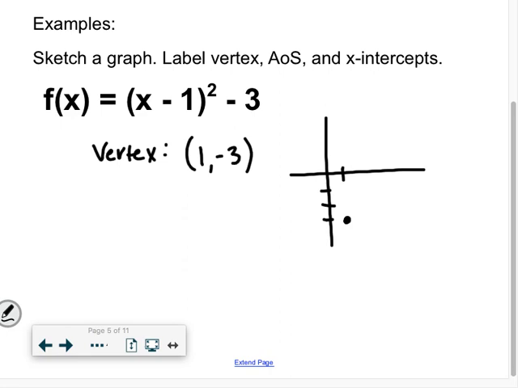Might look at my a value, or like if I have a vertical stretch or shrink or a reflection out in front. Nothing's there, so it's going to follow the same pattern that the parent graph would follow, which would be normally from the origin, you have 2 points on either side, like up 1, right 1, up 1, left 1. Okay, so I can mark those points.